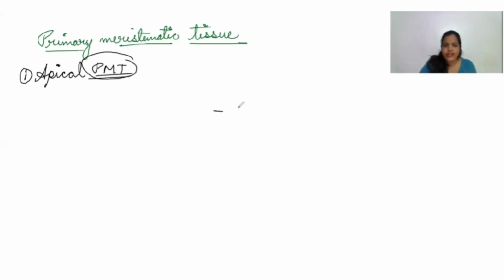This is the soil surface and this is the shoot and these are the roots. Clear? Now, here at the tip point, some meristematic cells or meristematic tissue is present at the tip.